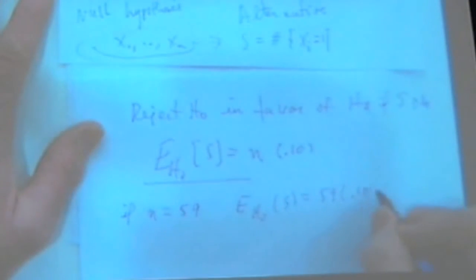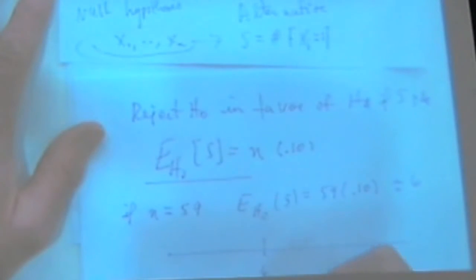If n is 59, then under H naught, we expect S to be about 6. So if it's around 6, I'm not going to reject. It's going to have to be up here. So that's when I reject, right? If S is over K.